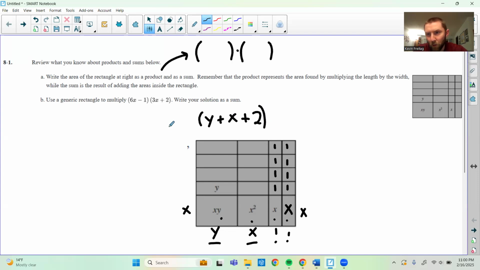So y plus x plus 2 is the bottom dimension of this pile of tiles.